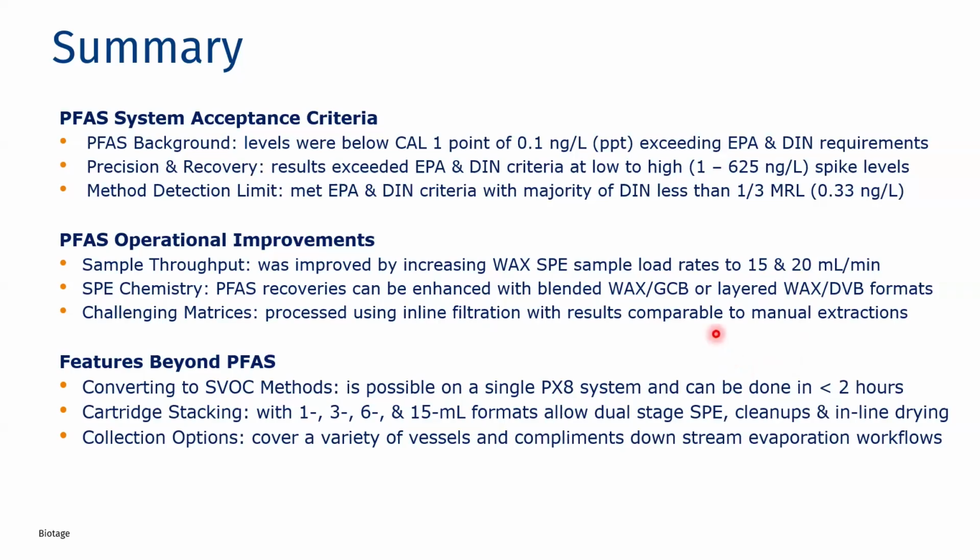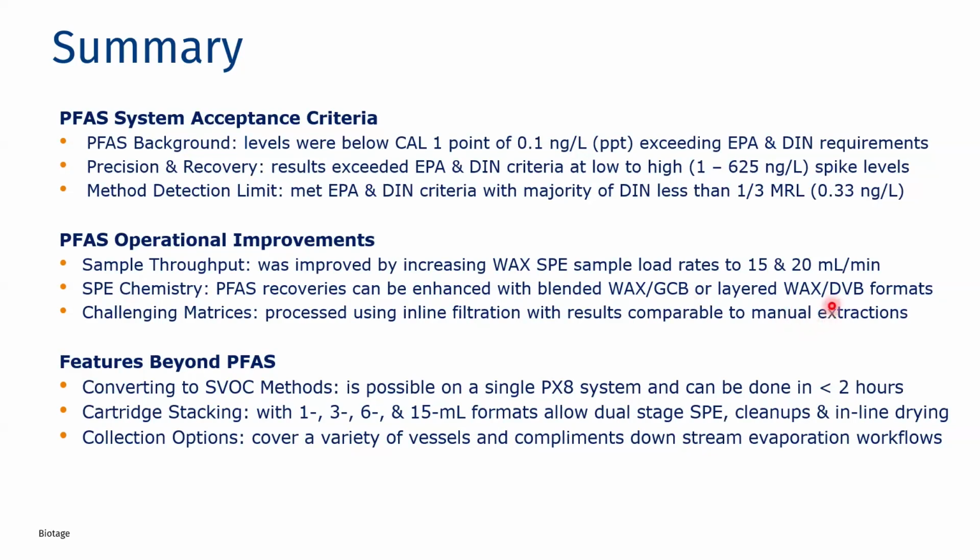And then for SPE chemistry, we found that, with the wax GCB blended, it helps allow you to limit the amount of carbon that you blend in your sorbent when compared to a layered, so that you don't have the chance of losing some of your analytes, especially when you spike at low levels.